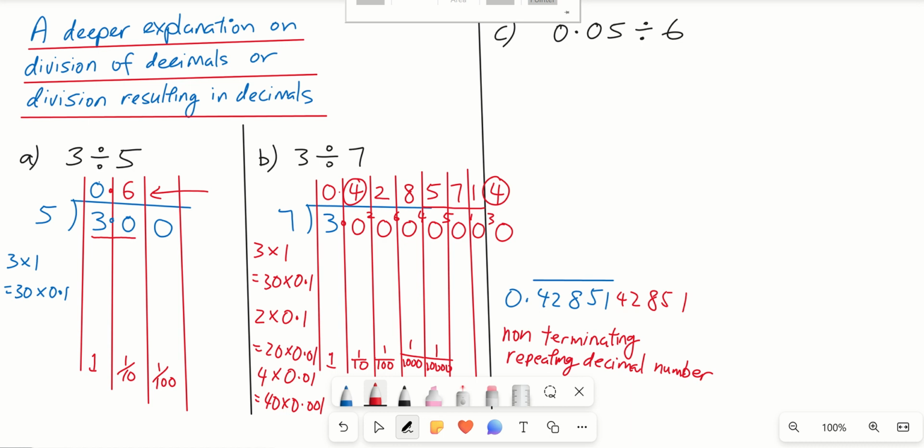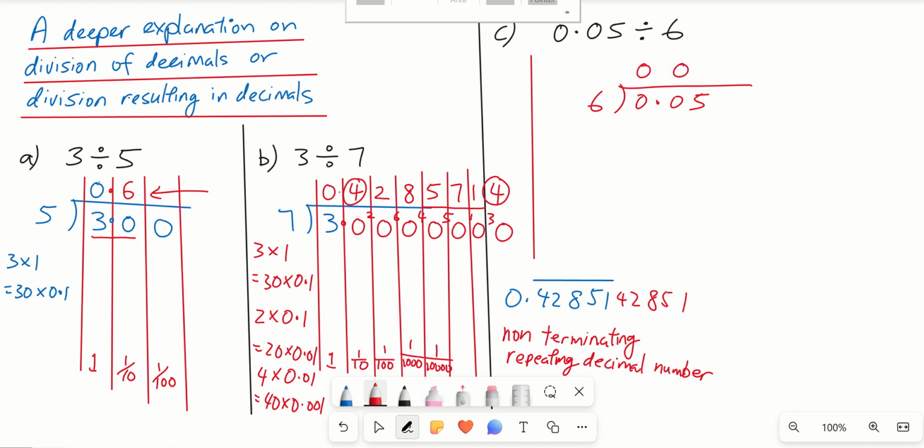0.05 divided by 6. Here we put 0.05 in the division bar with 6 on the outside. Now this is really straightforward compared to the previous one. We know that 0 6s go into 0, and 0 6s go into the next 0.